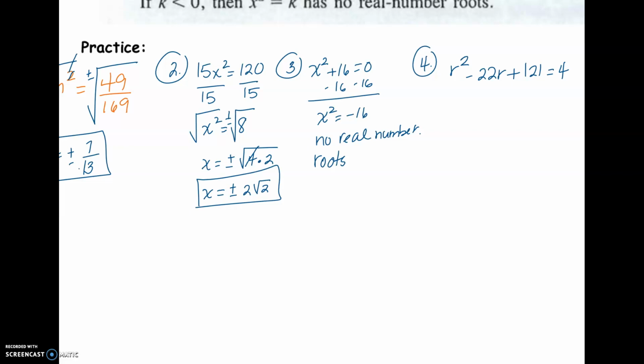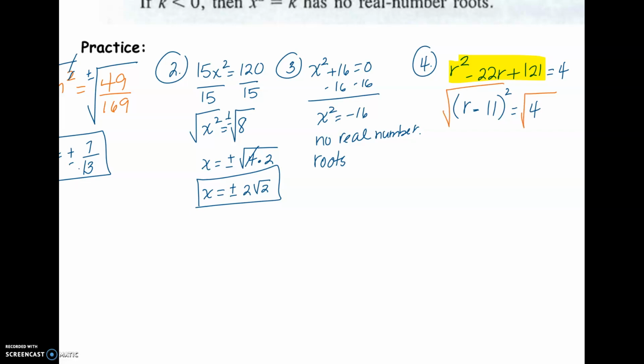It looks like I have a perfect square 4, but I'm hoping that I have a perfect square trinomial on this side. So let's see, the square root of r squared is r, the square root of 121 is 11. Okay, if I take and multiply and double that, I do get 22, so I'm going to put subtraction in between, so that becomes the square of the binomial equals 4. So this is great, perfect squares on both sides.